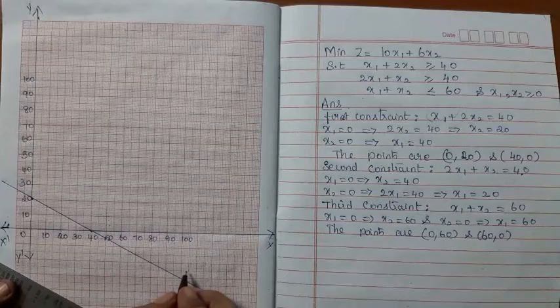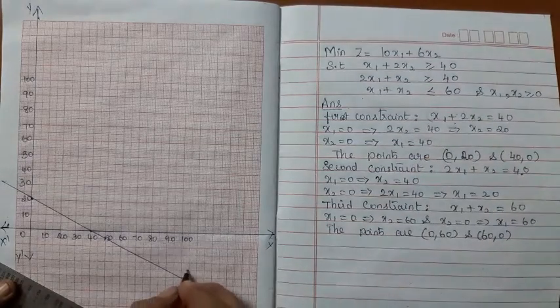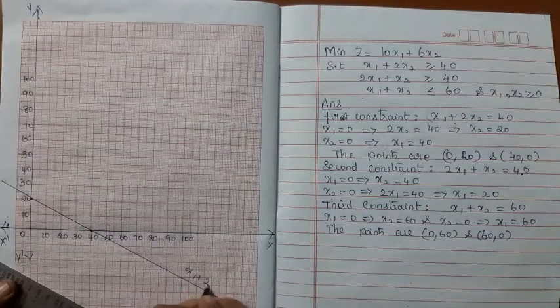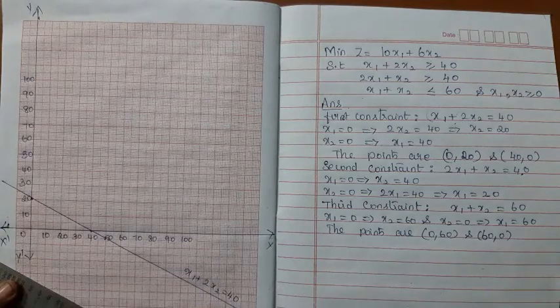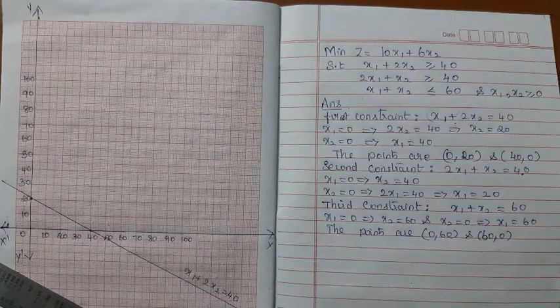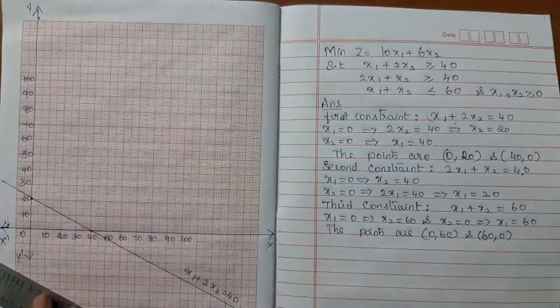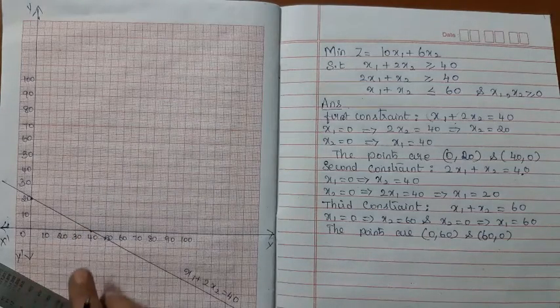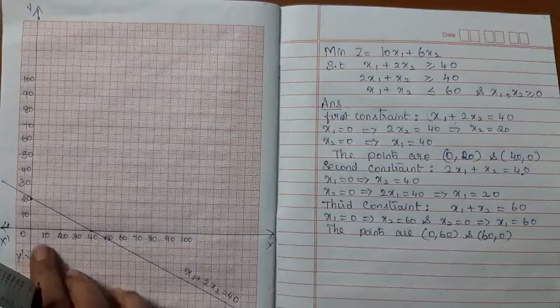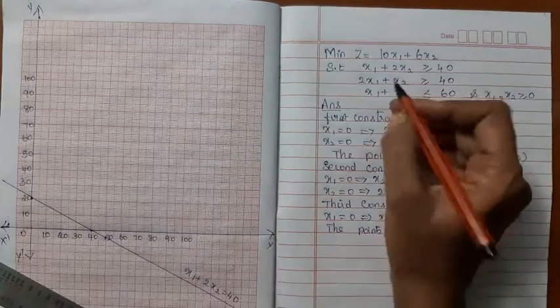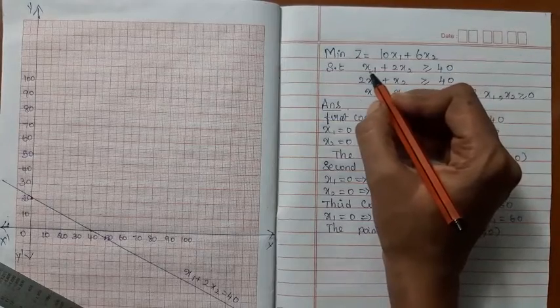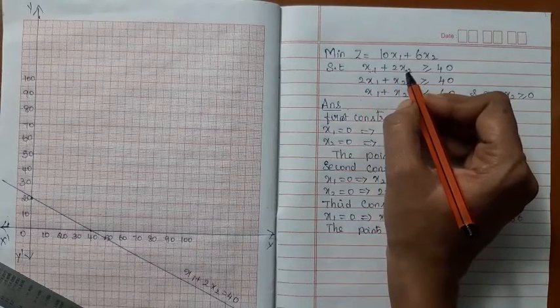What is the equation? The first equation, x1 plus 2x2 is equal to 40. This line divides your graph into two parts, one part above the line and one part below the line. To decide which part is your region, take a testing point. Let us take the origin as the testing point so that the calculations become easier. Put x1 equal to 0 and x2 equal to 0.